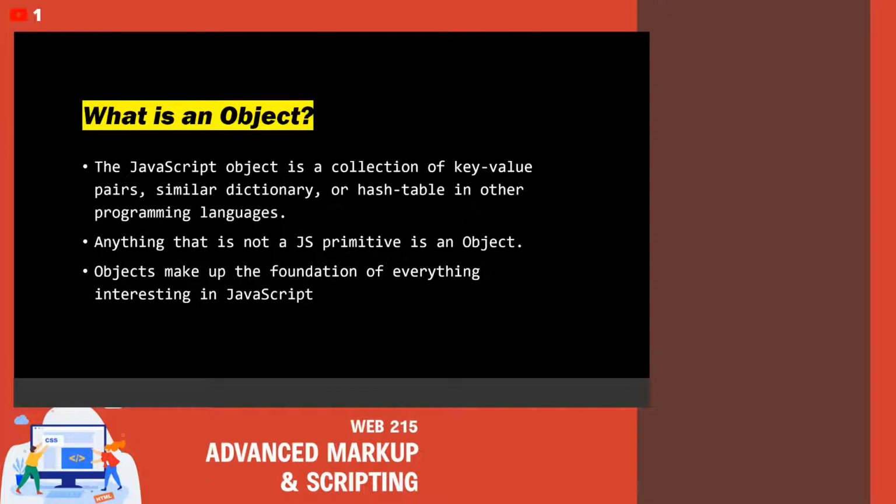When we talk about primitives in JavaScript, we're talking about data types. Our primitives in JavaScript, there are 7 of them. They are string, number, big int, Boolean, undefined, symbol, and null.